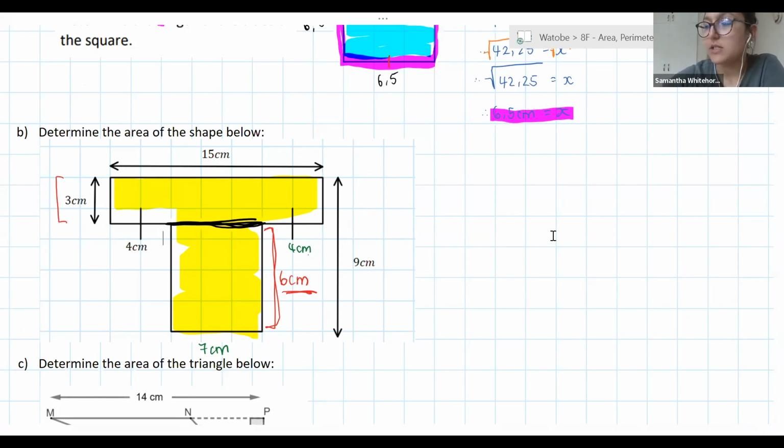I'm going to give you guys a second to give that a try. If and when you have an answer for me, you can put it in the chat or raise your hand, but I would like you to try and find the area of that T shape. So this yellow shaded in bit. Remember your units, it's an area, so it should be units squared.